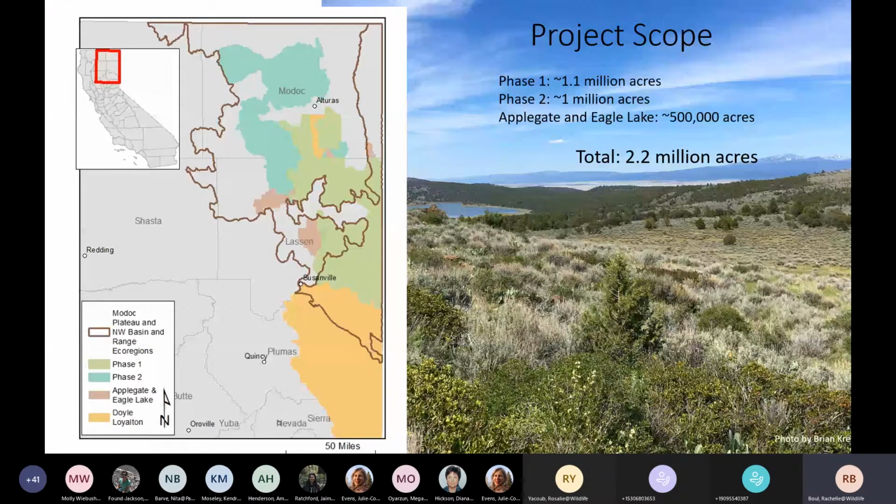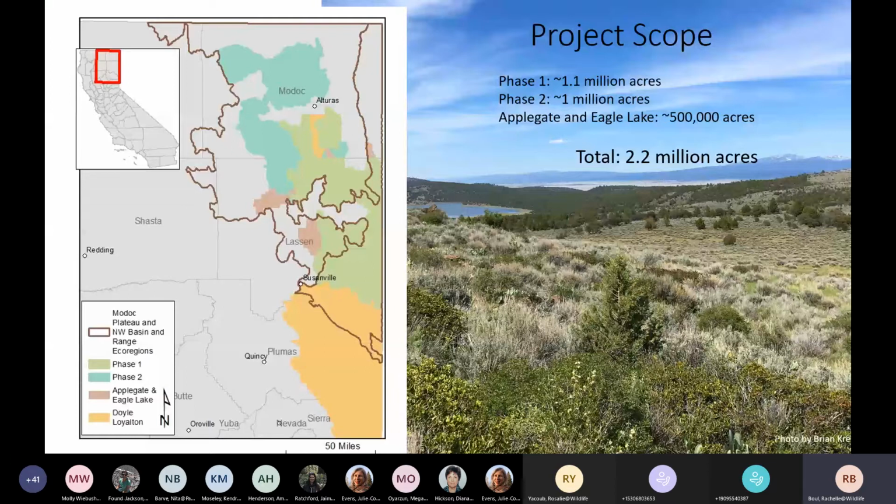So overall, the study area is approximately 2.2 million acres, which leaves about half, or 2.4 million acres, of these two ecoregions for future mapping efforts.